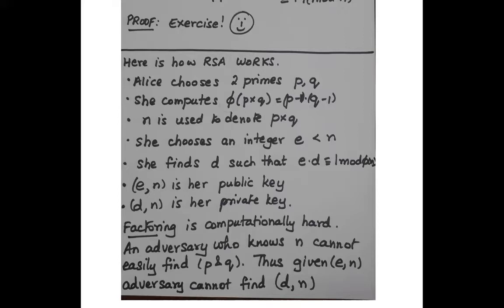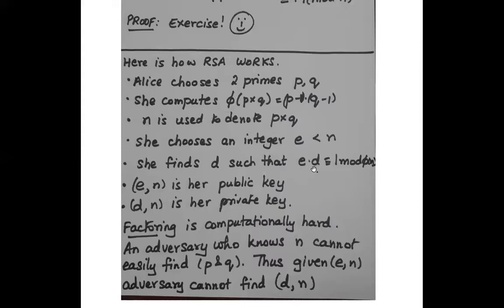And she finds another integer D such that E times D is congruent to 1 mod phi of N. In fact, it is guaranteed that such a D will exist when the relationship between E and phi of N is satisfied, GCD of E and phi of N is 1. This integer D is guaranteed to exist.